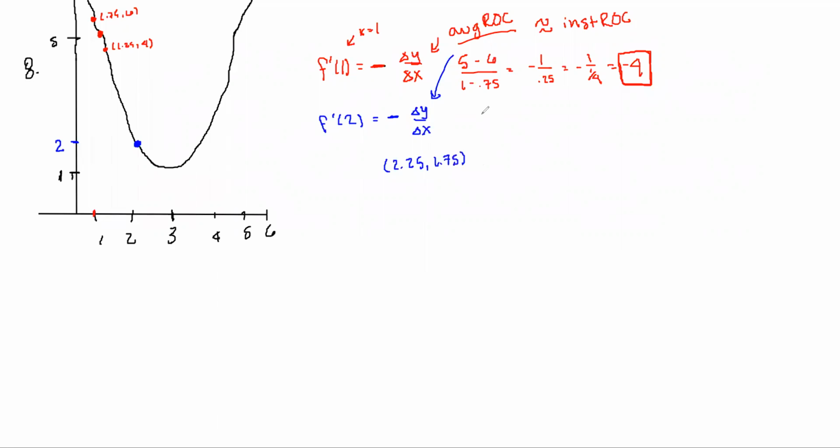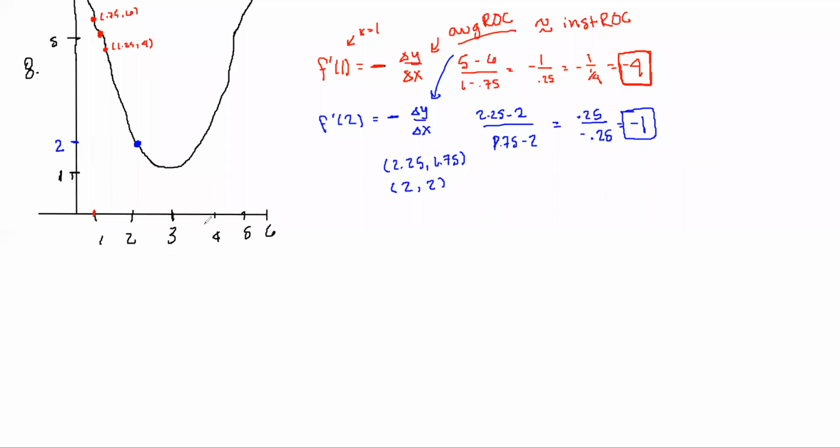So the way that we would set this up is we would say this is 2.25 minus 2 over the, 1.75 minus 2. And this would end up being 0.25 divided by negative 0.25. So this would be negative 1.